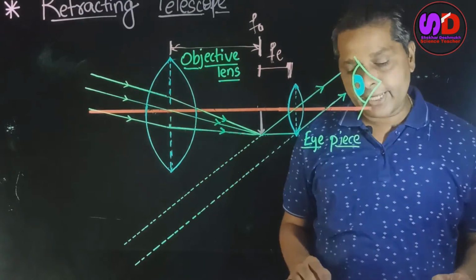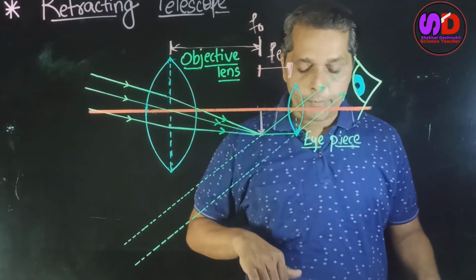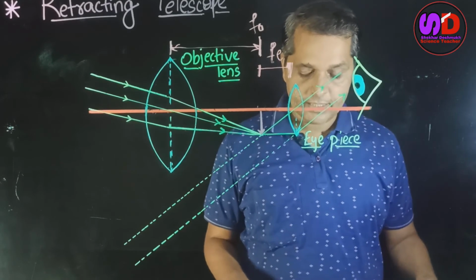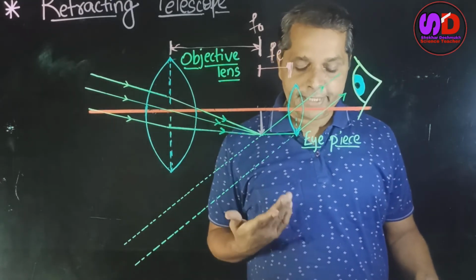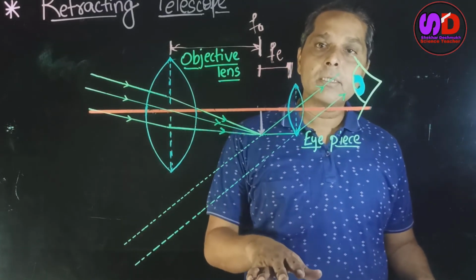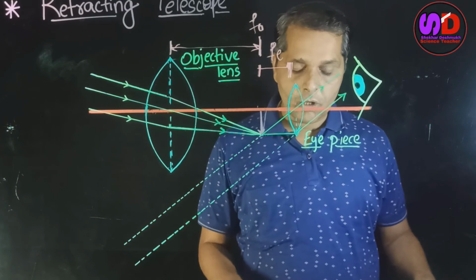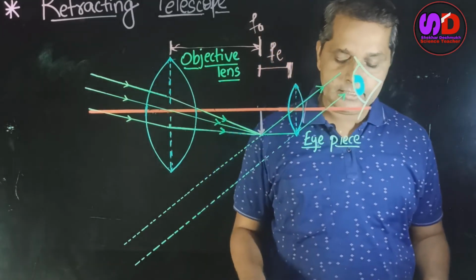The next use of convex lens is in optical instruments like camera, spectroscope, spectrograph or projector. In all these optical instruments, convex lens is used.